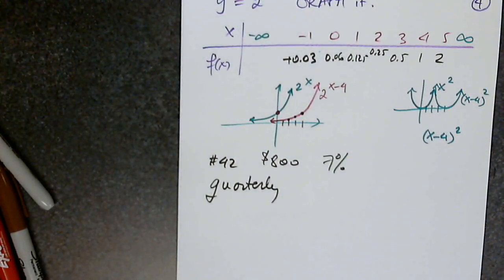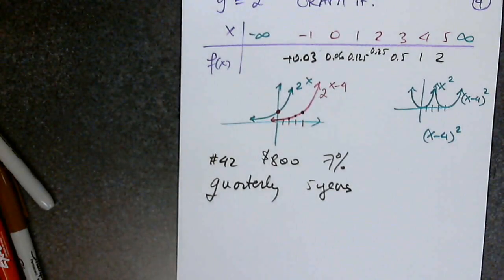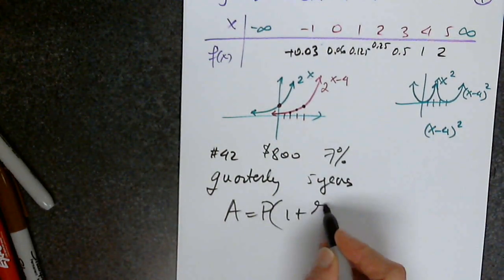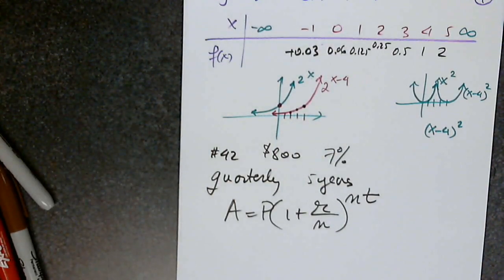Find the value that this certificate will have at the end of 5 years. The formula will be given to you. So A equals P in parentheses 1 plus R over N raised to NT. We have to identify the given information. I don't know which one is what. So let's do that first.